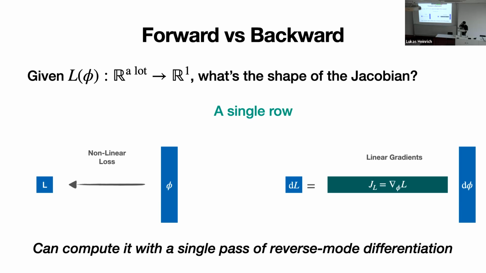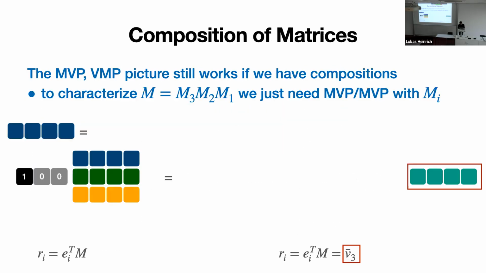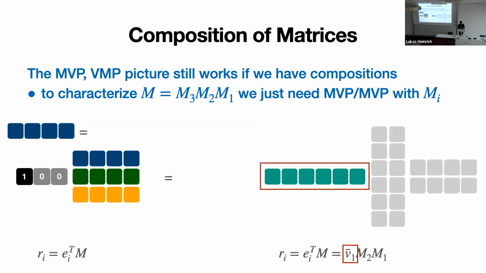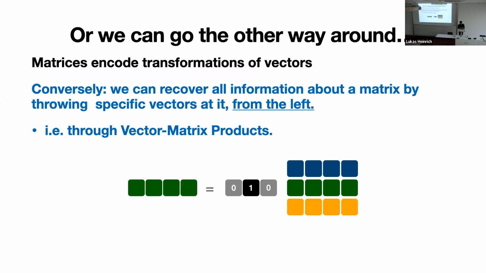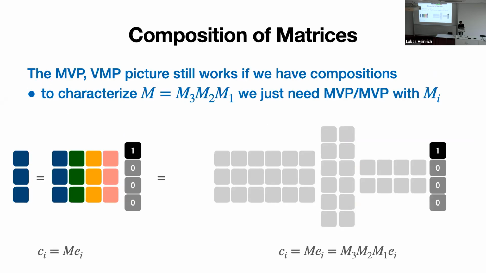Why? Let's imagine we have a 100 million dimensional input. If we wanted to do forward differentiation, how many times do we need to run this? If we have 100 million input dimensions, we need to run it 100 million times.